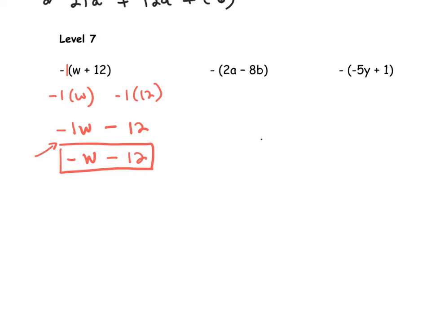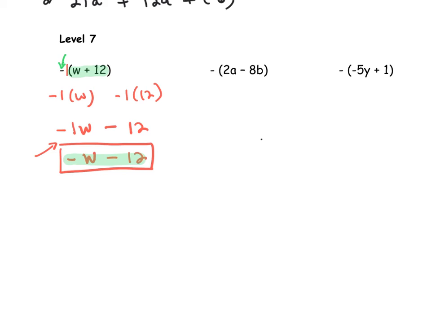Let's look what's inside the parentheses. I see positive W plus 12, and now I see negative W minus 12. So it turns out that negative sign out front actually makes everything its opposite.